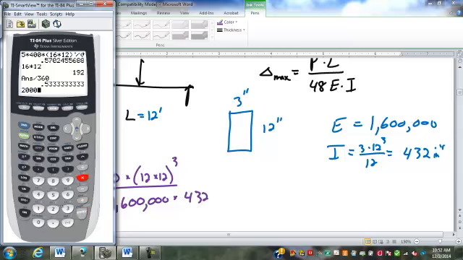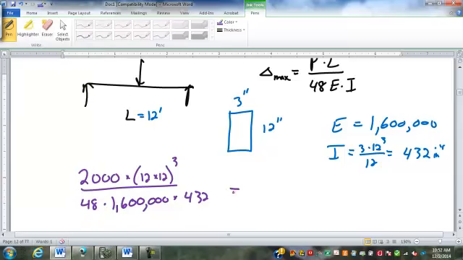So 2,000 times 144 to the power of 3, divided by 48 times 1,600,000 times 432 equals 0.18 inches.